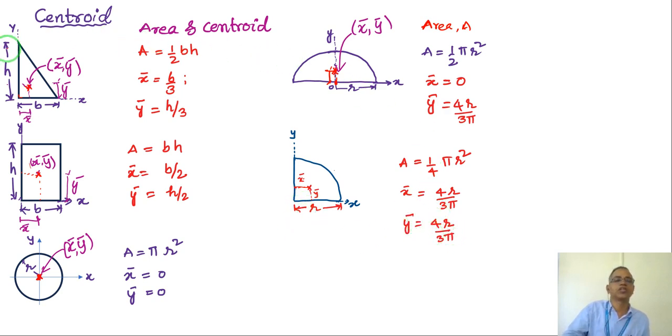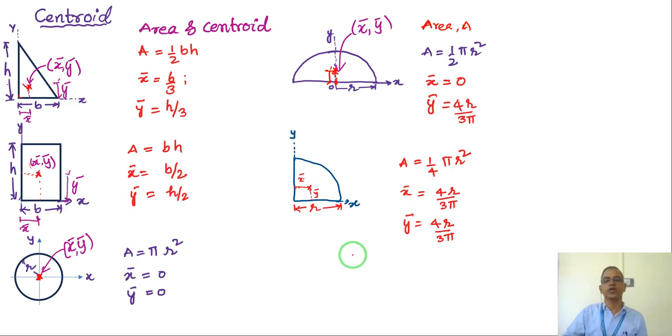Of course there is a derivation for all these centroids in detail, but here we are to remember these centroids for simple areas. So these ready-made centroids of common or simple areas can be used for composite areas.